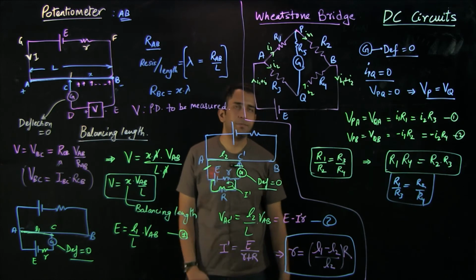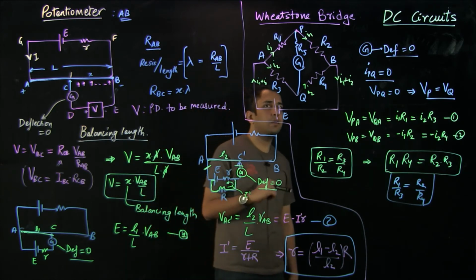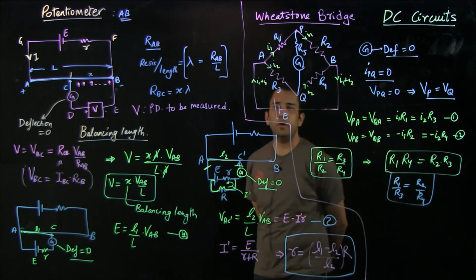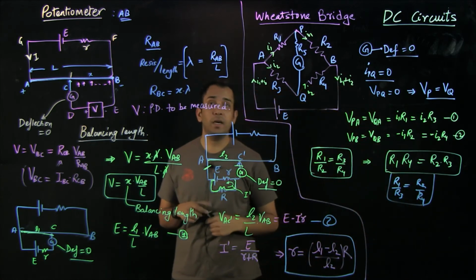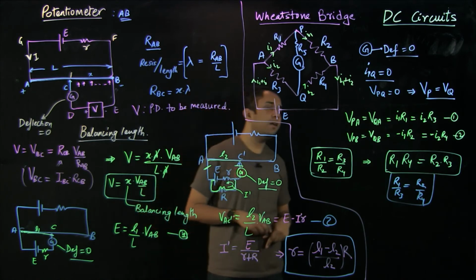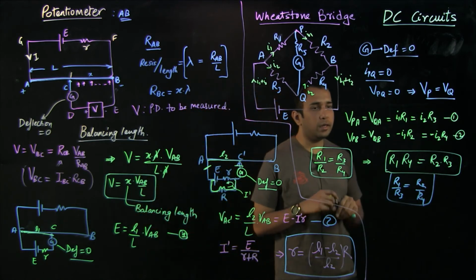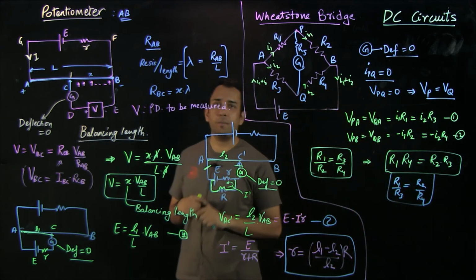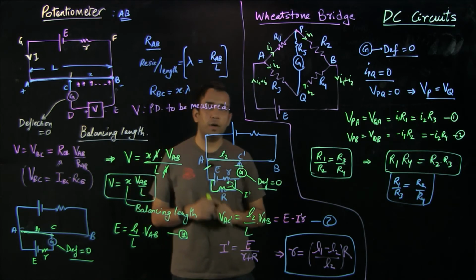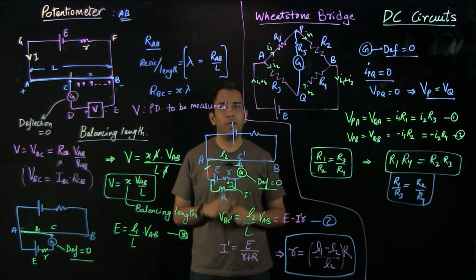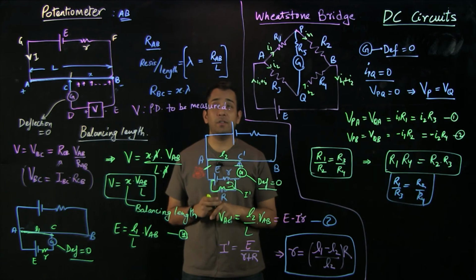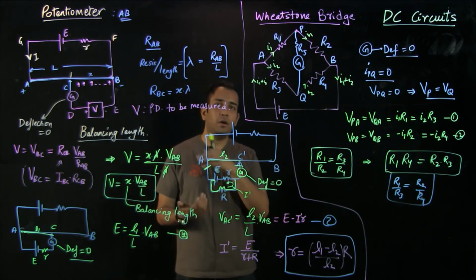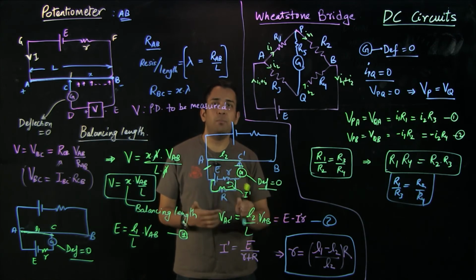So nothing would change. An interesting thing which we can apply in a Wheatstone bridge is that, if you remember, in previous videos we discussed the principles of a broken circuit and a short circuit. In a short circuit we said that it is done by a zero resistance wire, and a zero resistance wire has the property that the current through it may or may not be zero, but the potential difference across any 2 points of the wire is 0, so each and every point on the wire is at the same potential.